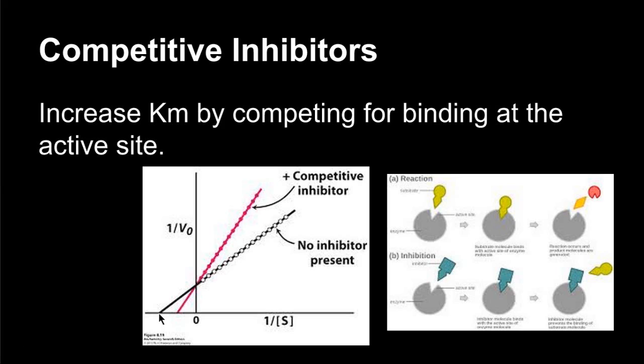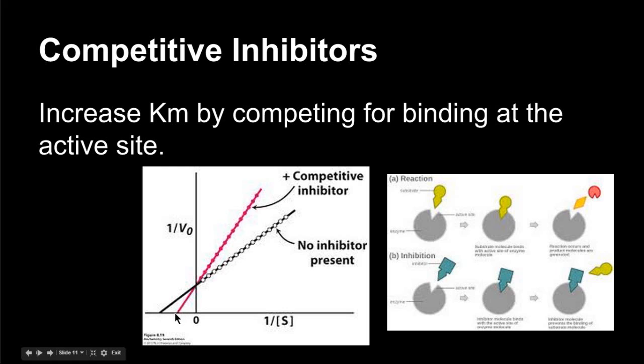So let's just say that with no inhibitor present, our Km is 1. So this intercept is 1 over negative Km, so 1 over negative 1 is just negative 1. And let's just say the competitive inhibitor's Km was 2, it's going to be larger. So this would be negative 1 over 2, which is negative 1/2.